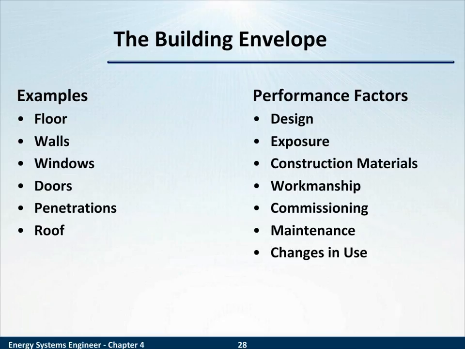We considered performance factors as the design, exposure, construction materials, workmanship, commissioning, maintenance, and changes in use. We focused on the ability to leverage technology in glass and glazing to improve building envelope, and finished with the back of the envelope calculation of building load coefficient.